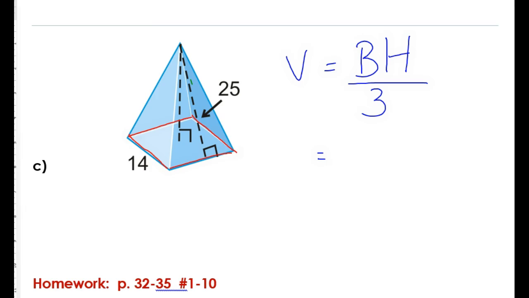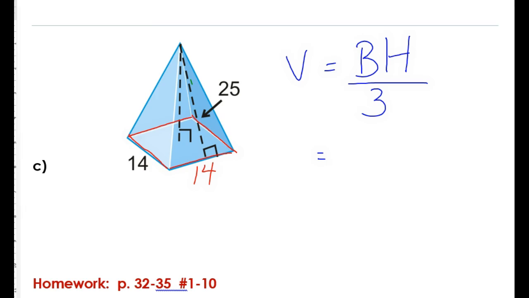So we're going to assume that it's a cube and say that I have a square base. So that means that this side over here will be 14 as well. So, given that, I'm going to go ahead and perform this calculation.